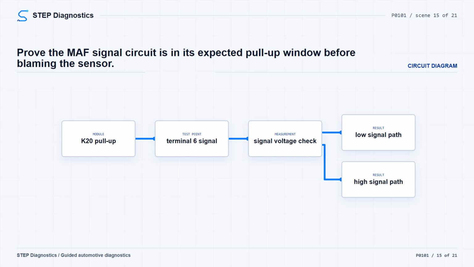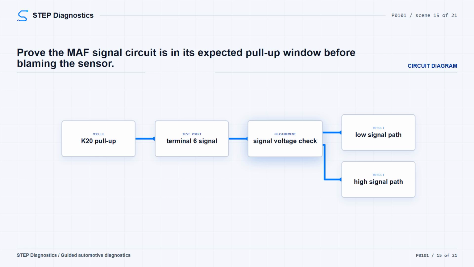If resistance is less than infinite, repair the short to ground. If it is infinite, check for less than 2 ohms from signal circuit terminal 6 at the component harness to the other end at the control module harness. If that is 2 ohms or greater, repair the open or high resistance. If it is less than 2 ohms, replacement of the K20 engine control module is the supported result.